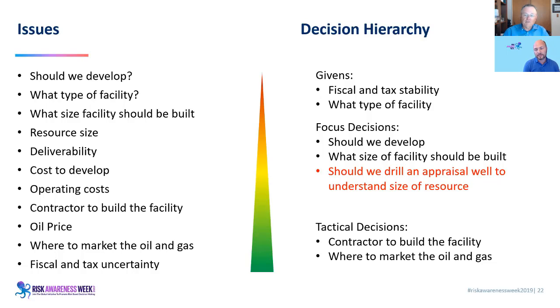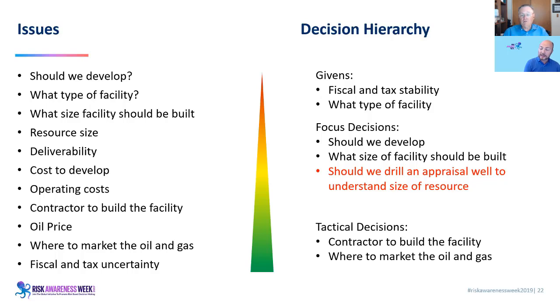We saw that the resource is really important in our tornado diagram, and so perhaps we can not only reduce some of the downside risk with an appraisal, but we might be able to improve the upside. So that's a win-win through the appraisal well.